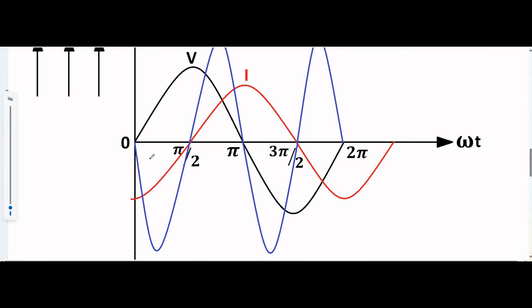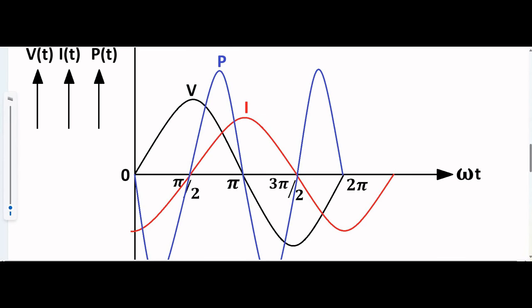Pay attention here. From 0 to pi by 2 radian, or 90 degrees, voltage is positive, in the positive, top axis.